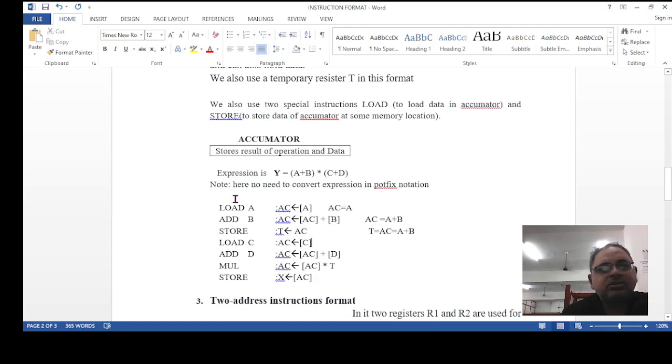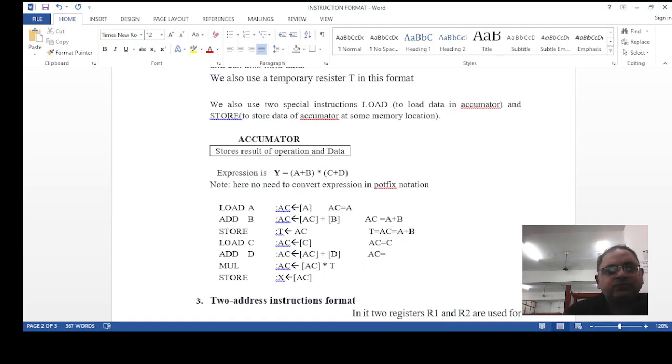Now if you have gotten the explanation of load a, add b and store t, then understanding of load c is that accumulator ac will hold the contents of c. Then we have executed add d. So as previously explained, what will add d do?